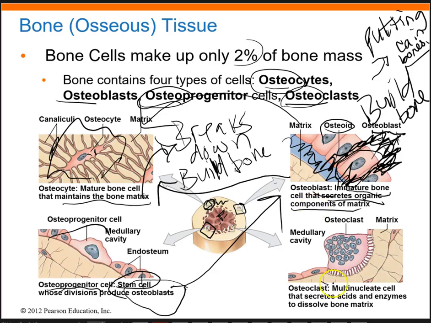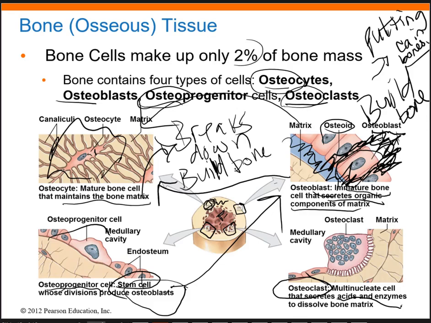The osteoclast is different. Osteoclasts are their own type of cell. They're also at the surface. And osteoclasts are the ones that release things to break the bone down. So they make acids and enzymes that literally chew up and dissolve the bone. When you dissolve the bone, you release the calcium from it.